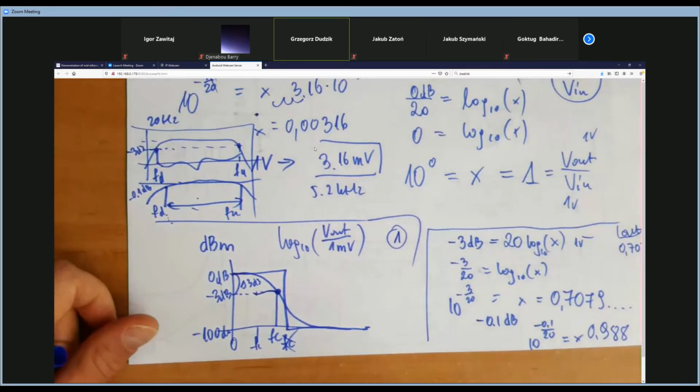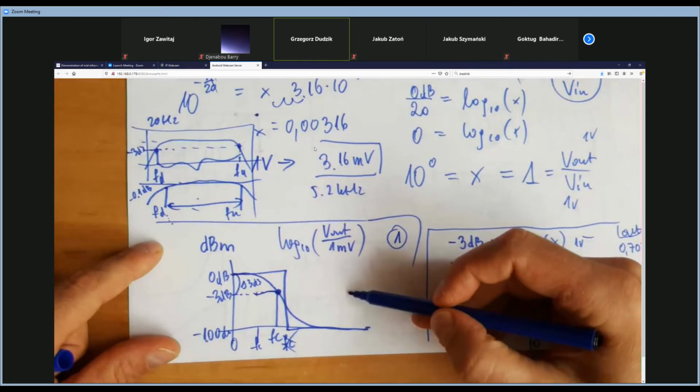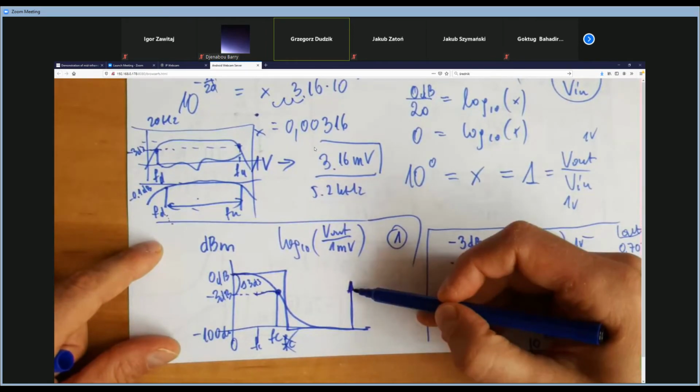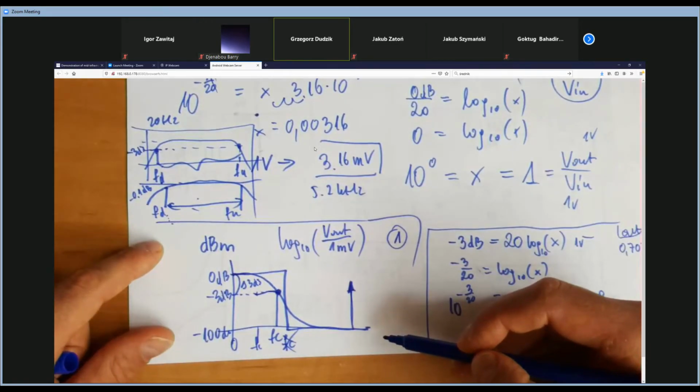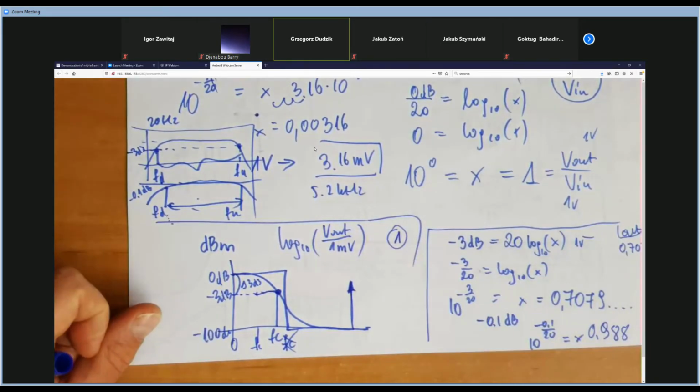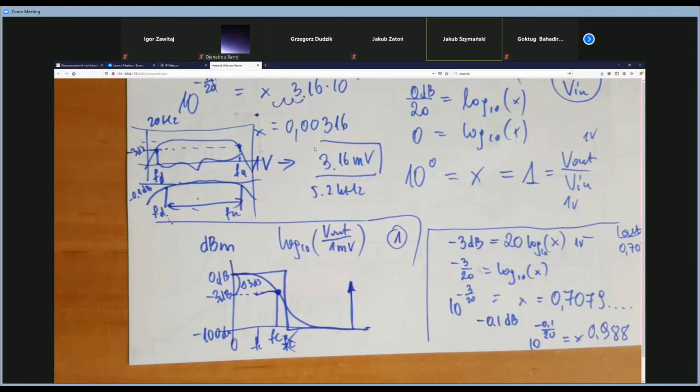That means the switching frequency is strongly reduced, stopped by our filter, and on the output we will see only the DC level of the signal. Yeah, because the cutoff frequency will be much lower. Much lower, yeah, that's right.